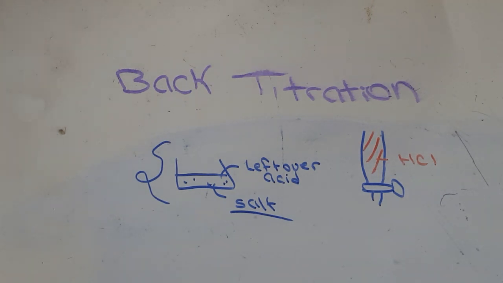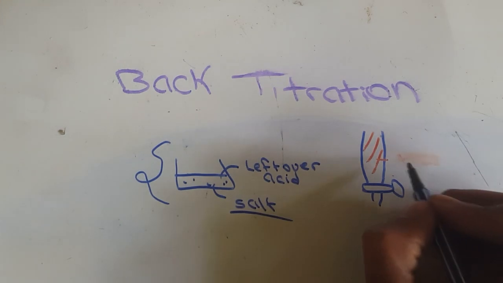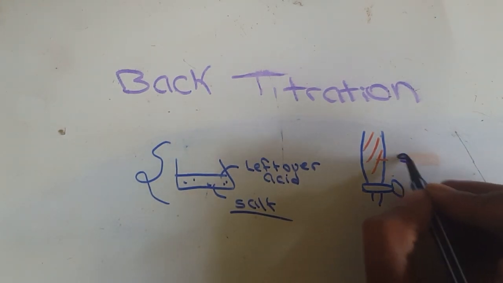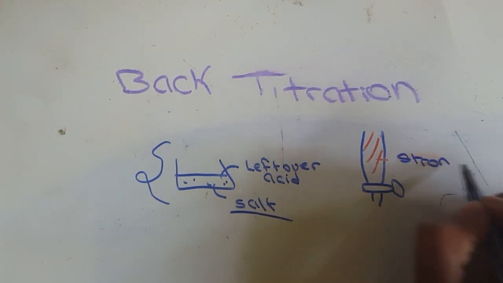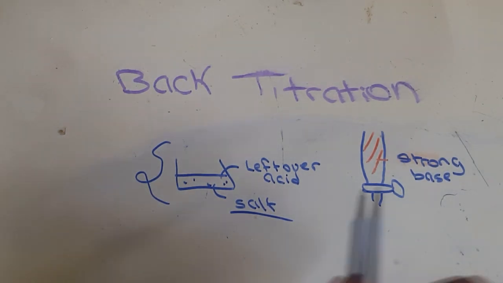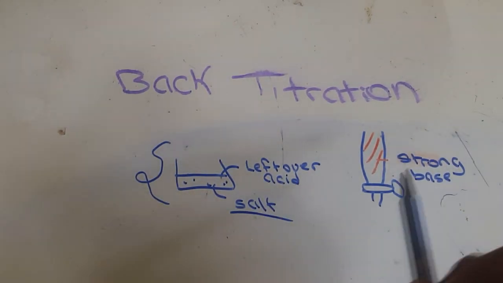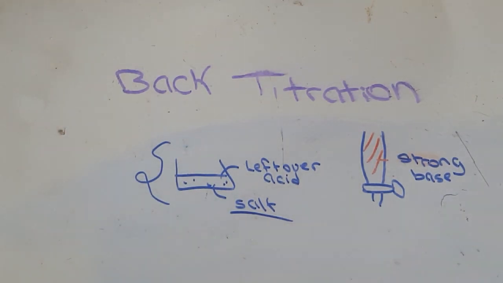What you now want to do with this is actually titrate the leftover acid with not HCl but a strong base. So it could be sodium hydroxide, or it can even be something like sodium carbonate. So you'd titrate the leftover HCl with a strong base.